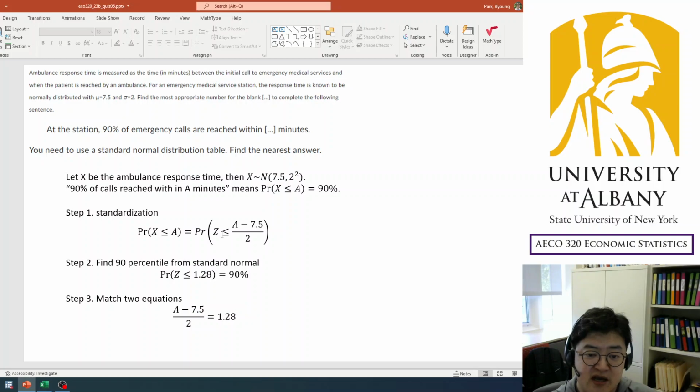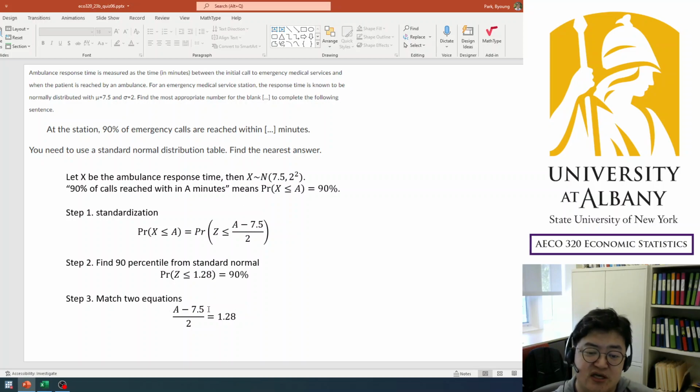in the first step, we expressed the unknown in terms of the standard normal distribution. In the second step, we expressed 90% as a percentile. So we connected these two things using the standard normal distribution, right? And then finally, you have to match this. So this number must equal 1.28.